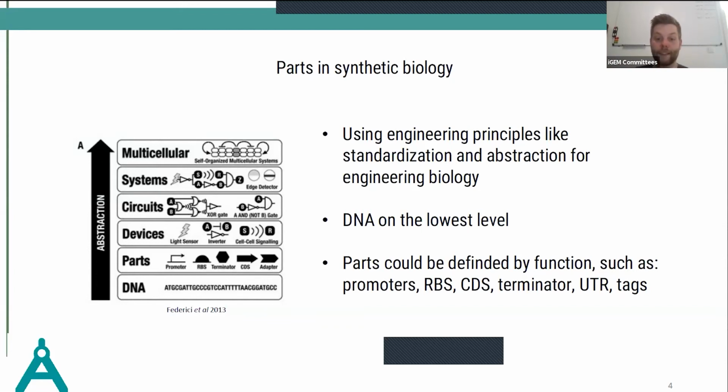Parts could be defined by function, so promoters, RBS, a coding sequence or a terminator would be a part in biology. And that's something at the heart of iGEM: to use parts with one certain defined function and to collect data for them.